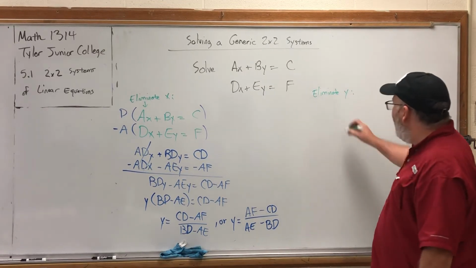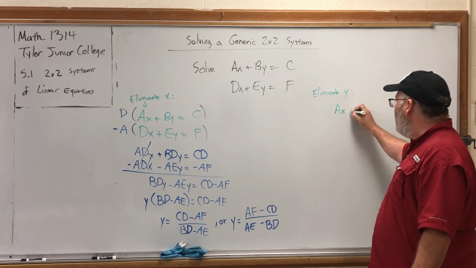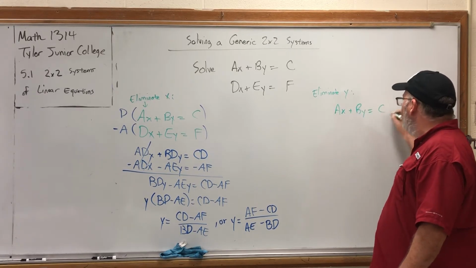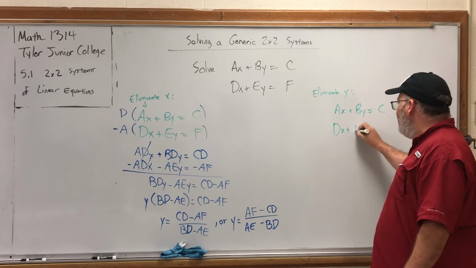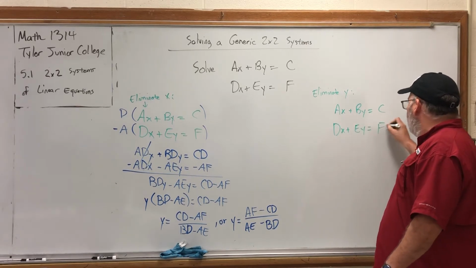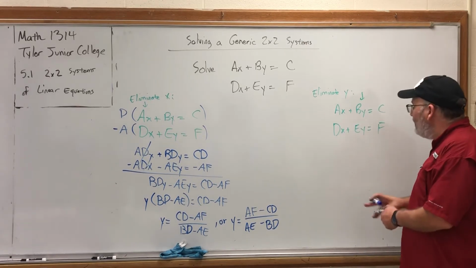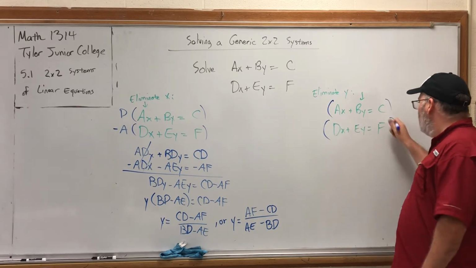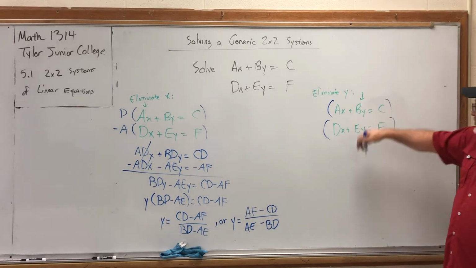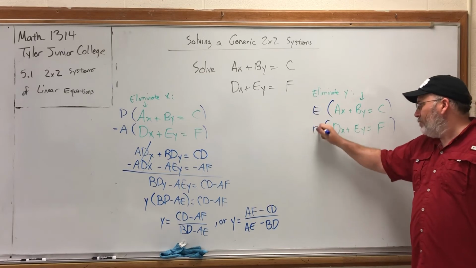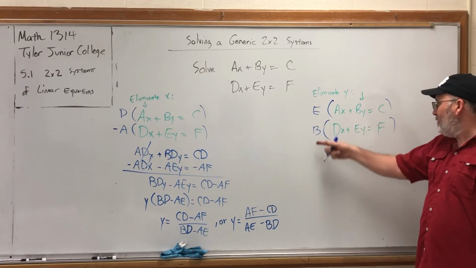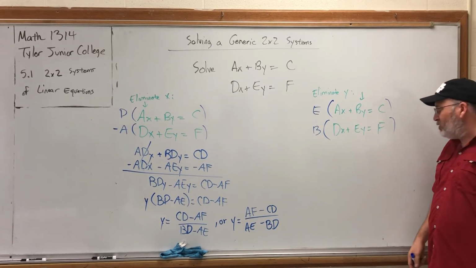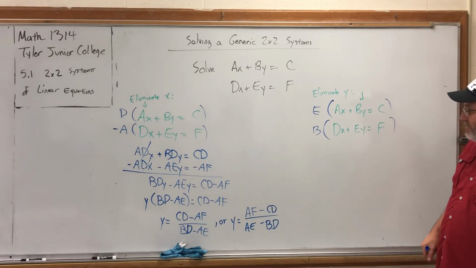To eliminate the y, we would take the original system, ax plus by is equal to c, dx plus ey is equal to f, and let's focus on eliminating the y. Well, if we take their coefficients and reverse them, multiply the top equation by e and the bottom equation by b, that will set up matching terms, but we need them to be opposites.